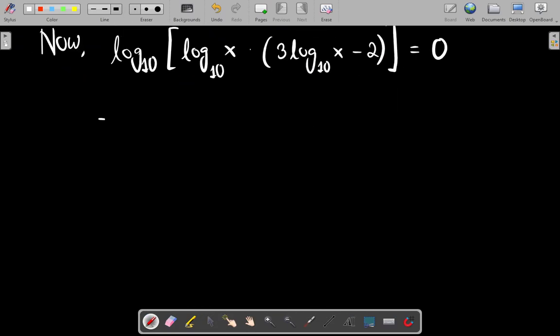If I take this logarithm to the right hand side, it becomes 10 to the power 0. So this becomes 3 times log x times log x, which is log x whole square.